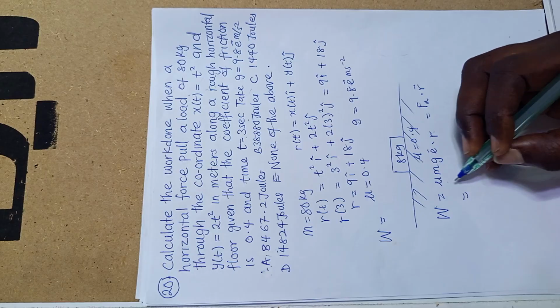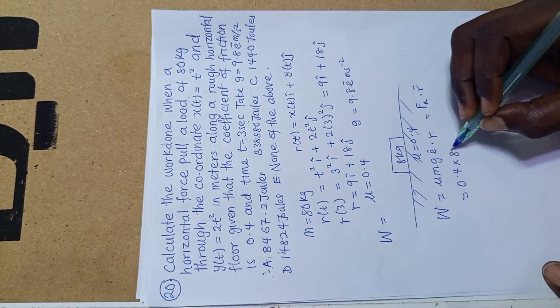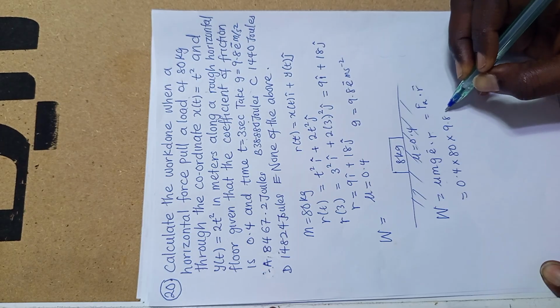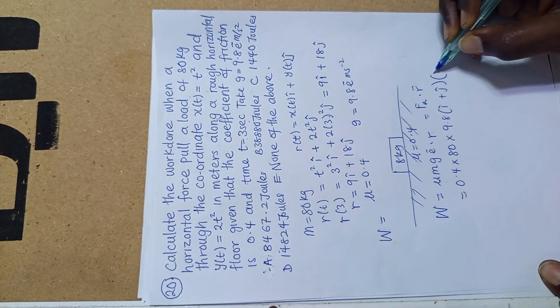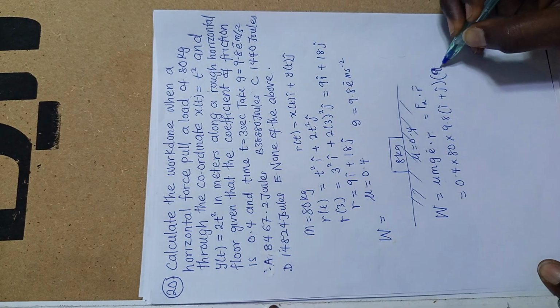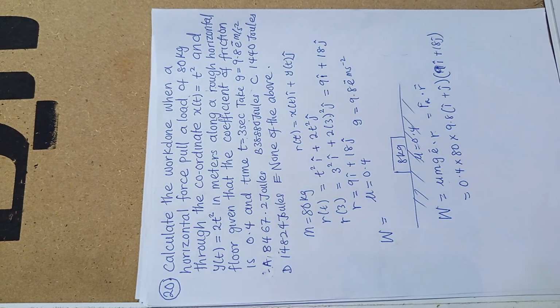So what is our coefficient of friction? It is 0.4. Our normal force is 80 times 9.8, then (i plus j) dot bracket 9i plus 18j.